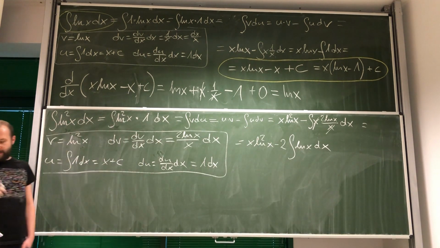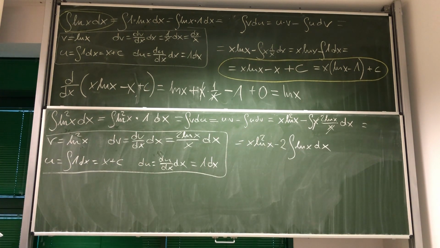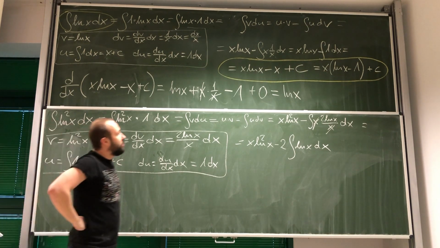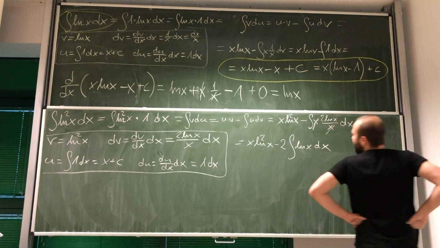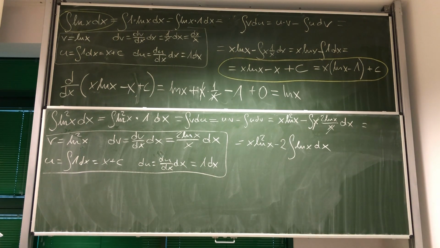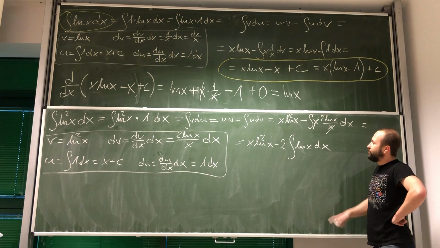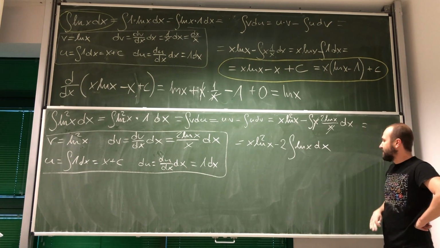Okay, and look, now when we are at this stage, there are 2 things that could be done. Well, the first thing, and I'm showing you this because you might encounter such a problem, here we would have to integrate this one more time.